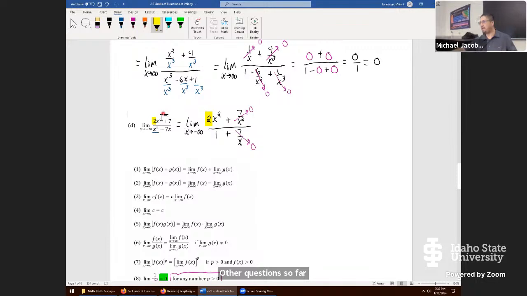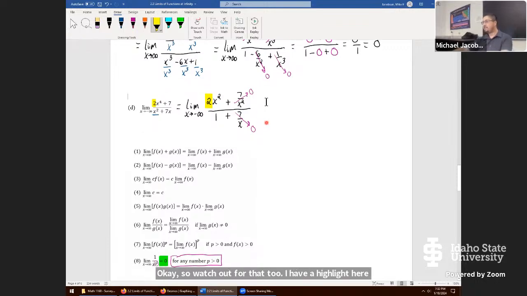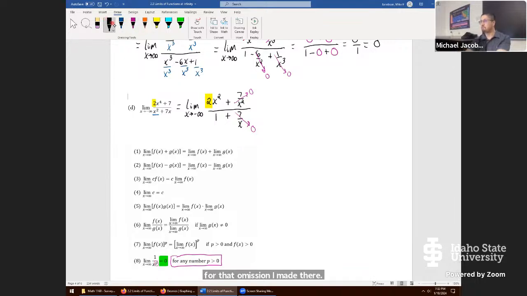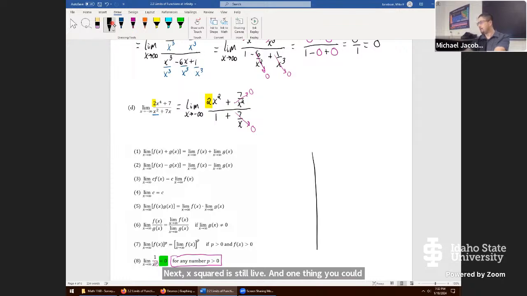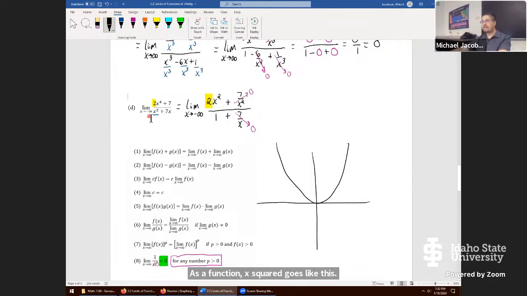I have it highlighted here for that omission I made there. Next, x squared is still alive. And one thing you could do is just imagine what x squared looks like. As a function, x squared goes like this. Notice the directionality on x. We're heading towards negative infinity on this one, but it really doesn't matter because the power is 2.